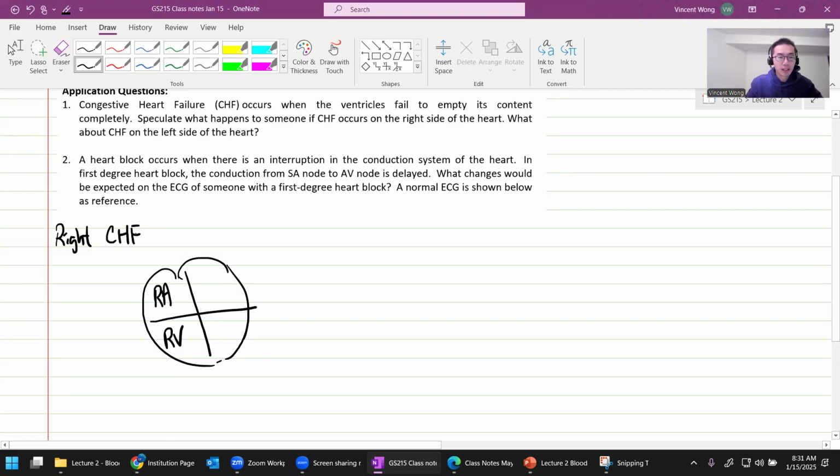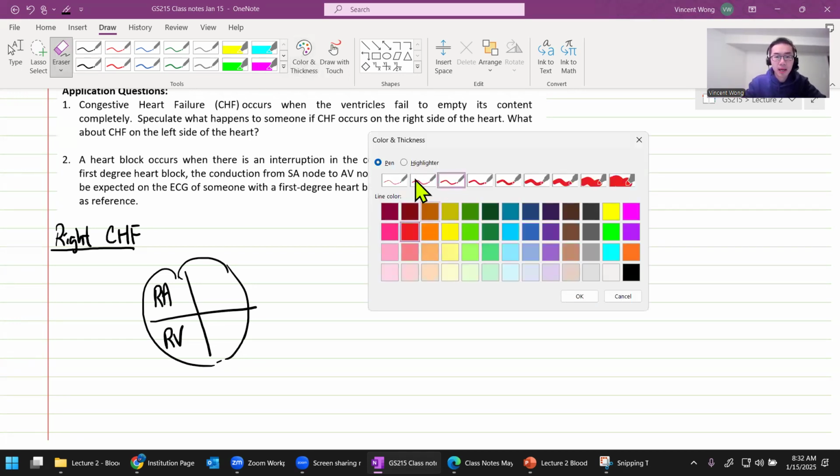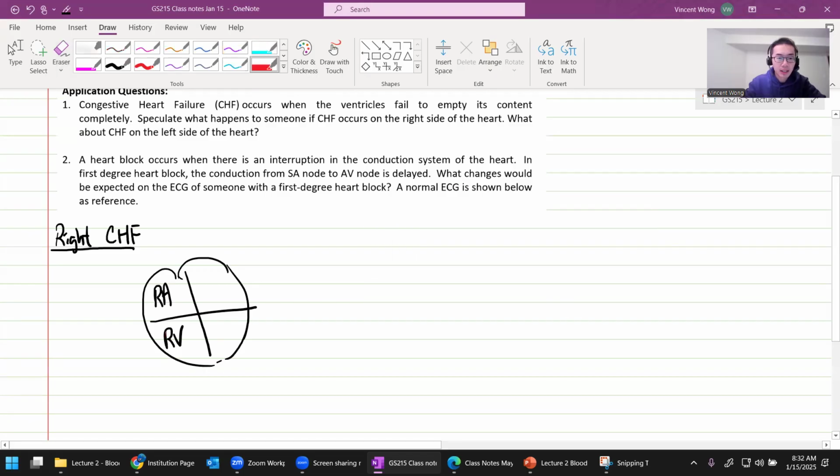So let's take a look at what happens on the right side with right congestive heart failure. As the question described, in congestive heart failure, the heart is not emptying its content, meaning the blood is not fully being sent forward to the next part of the cycle. So blood is going to start to pool here in the right ventricle.